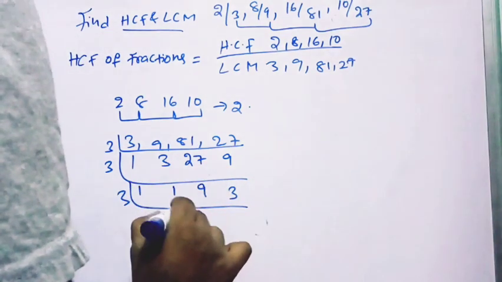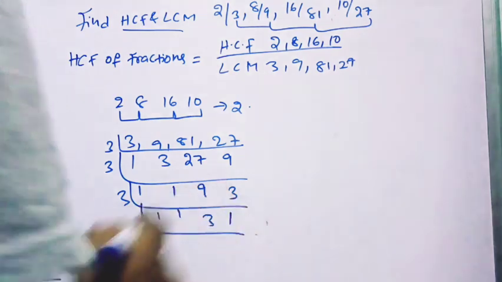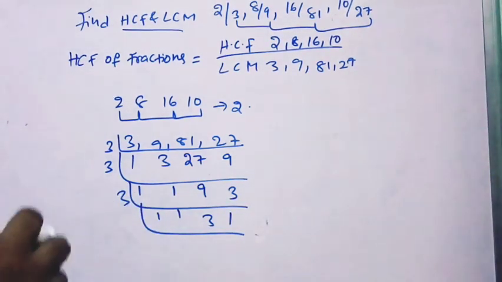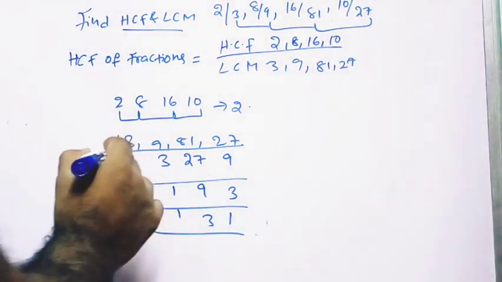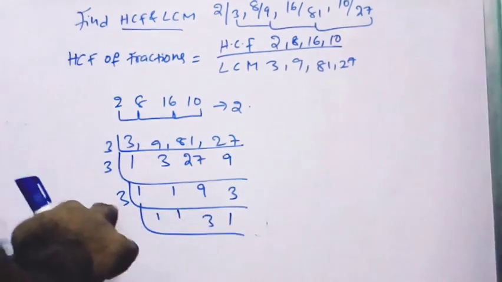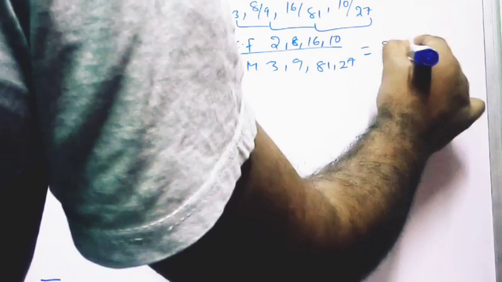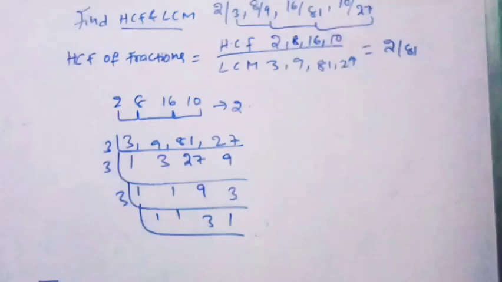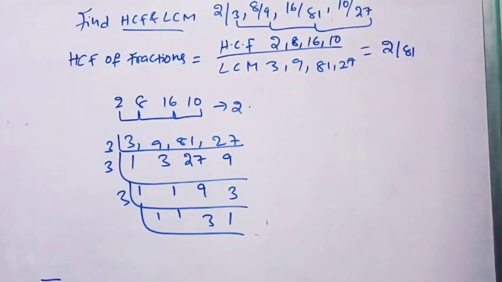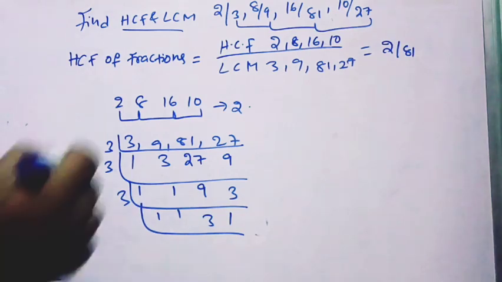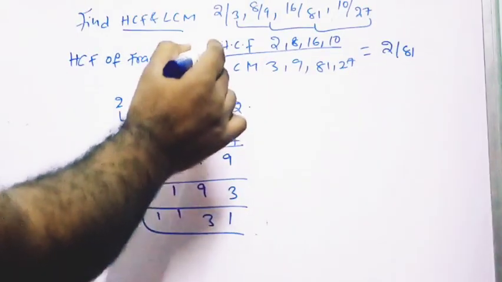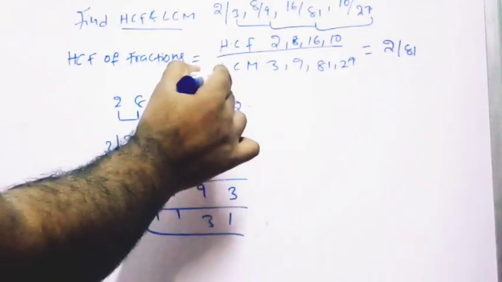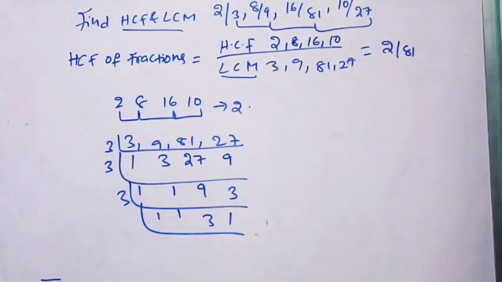So how much will it be? Around 81. So 3 times 3 is 9, 27, 81. So this will be 2 divided by 81. This is one type of understanding for HCF: the HCF of fractions is equal to the HCF of numerators divided by the LCM of denominators.